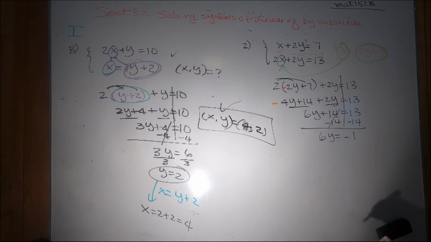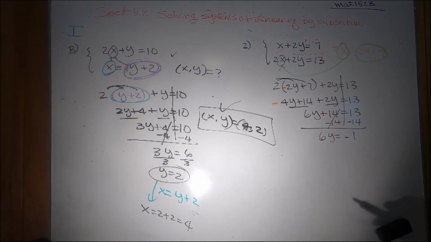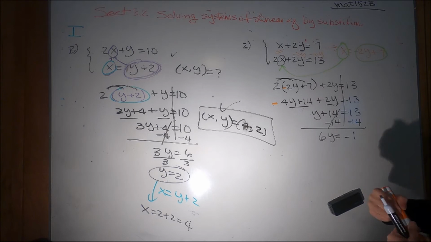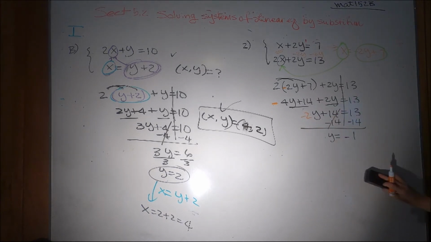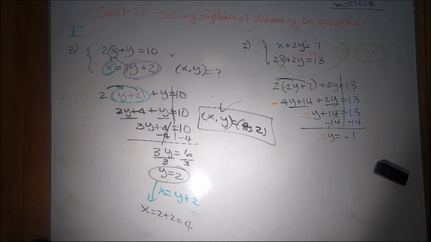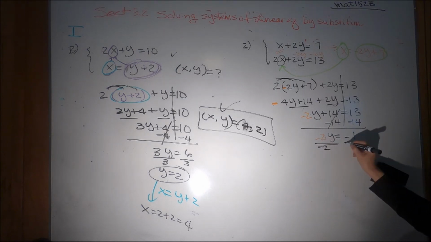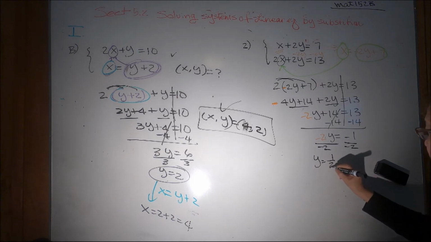So this is negative 4 plus 2, which is negative 2. So I shall have negative 2y here, right? Then what's my y? Divided by negative 2, my y is one half.